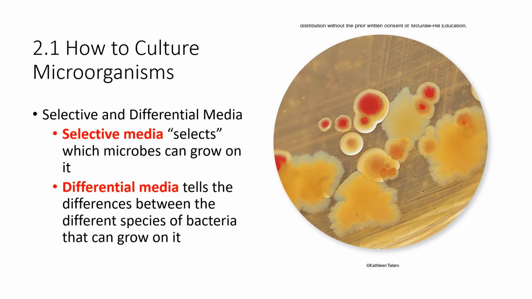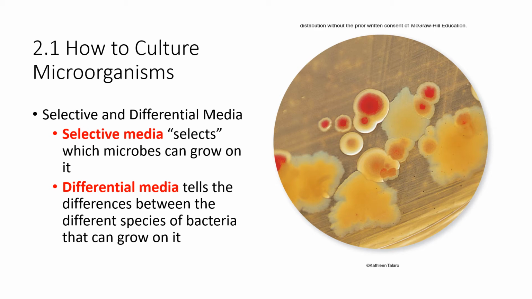Then there's differential media. Differential is going to allow different things to grow, but due to some of the components within the agar, different bacterial species are going to turn different colors, as you see there on the right.